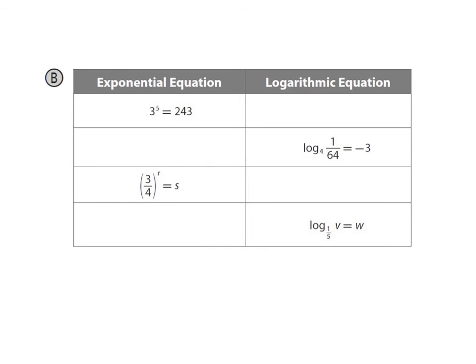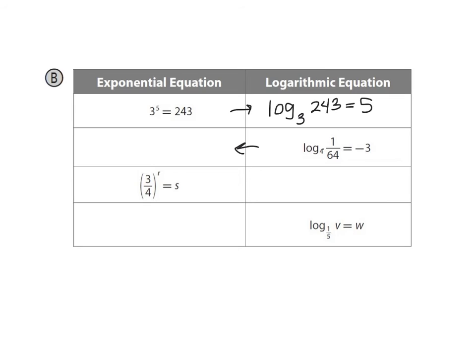Right below that we have example B. Let's see if we can change these, again from exponential to log. So log base 3, the output 243 becomes my input, and vice versa, and that becomes a 5. Let's go in reverse. Start with your base.